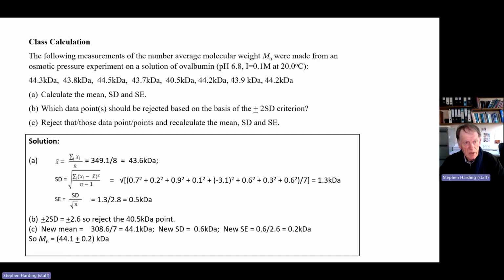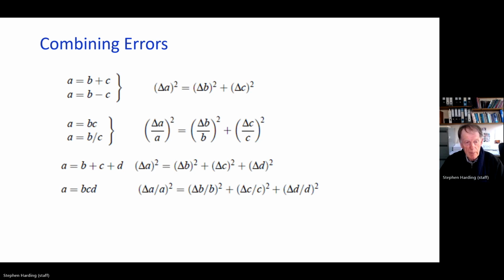The next thing is when we combine errors together, and there are various situations here. Let's say, for example, we want to calculate the error in the mass of an apple and a banana. We weighed the mass of the apple and the banana. It comes with error.